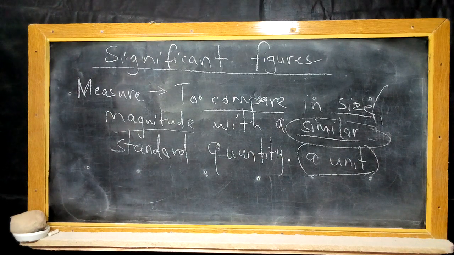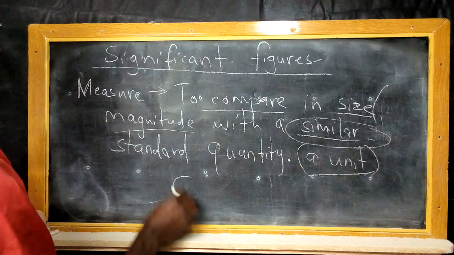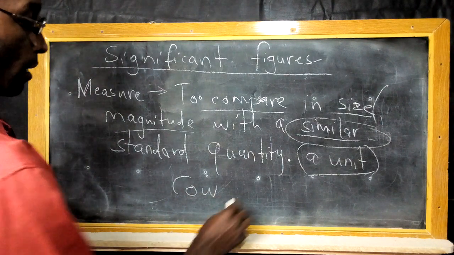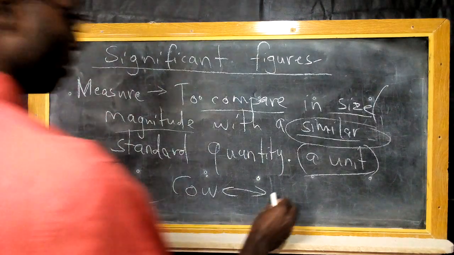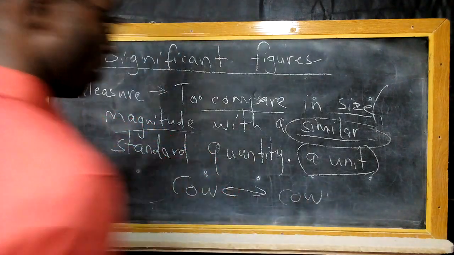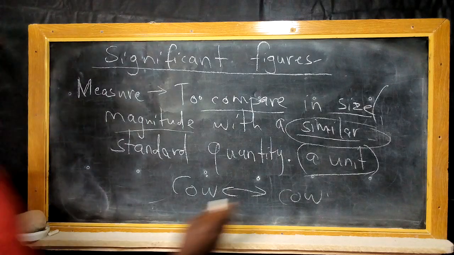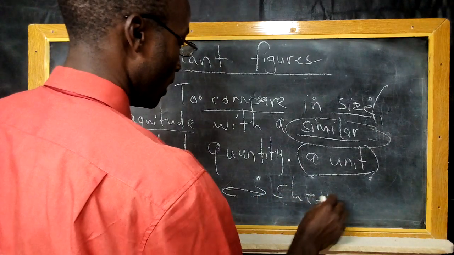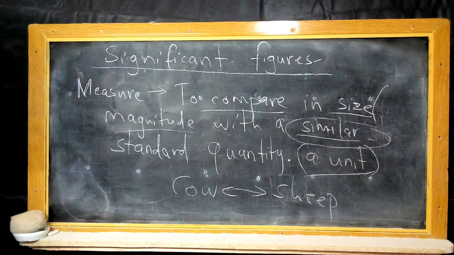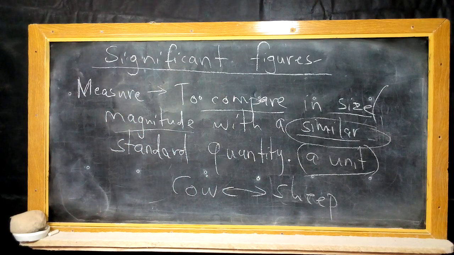For instance, I can compare the size of a cow with another cow, maybe in terms of size, sex, etc. If I compare a cow and say I'm comparing it with a sheep, then there are some attributes which they are going to miss.